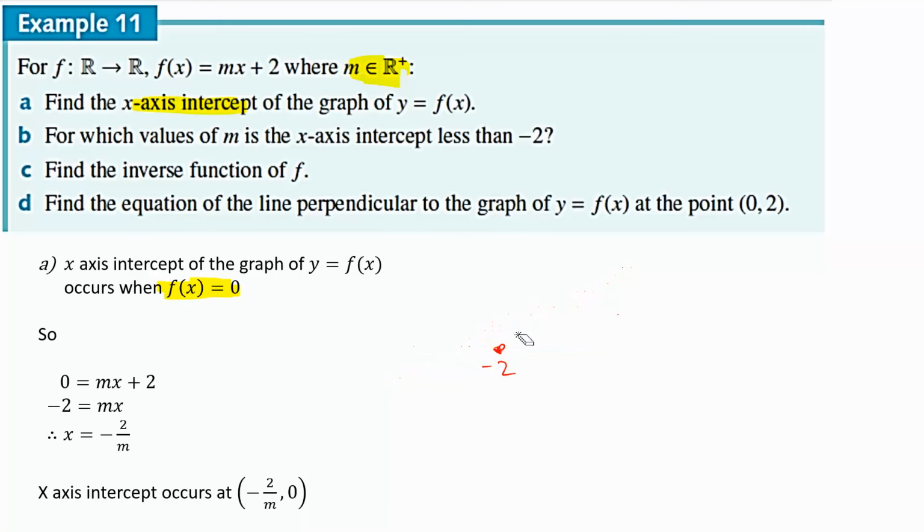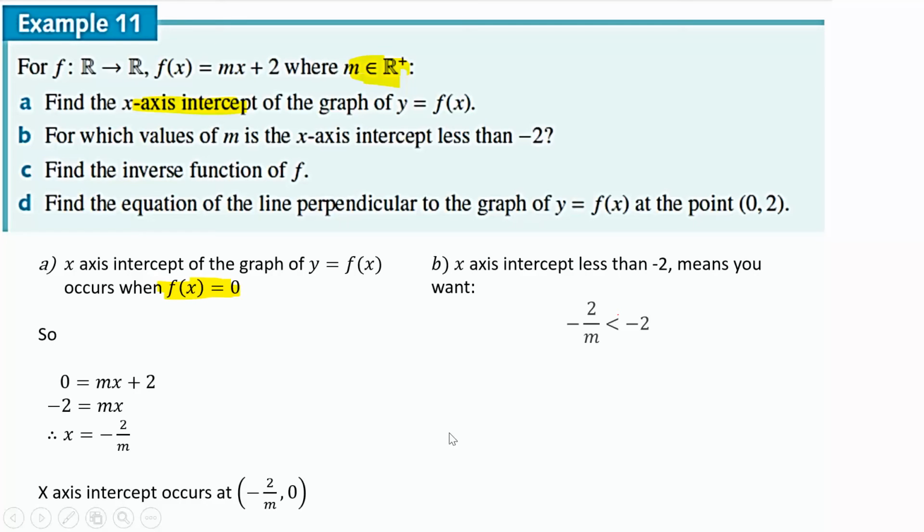Well, answer the question as it says. It says x-intercept, I want it less than -2. So I type it in. I actually say the same thing. I say, all right, for it to be less than -2, this is my x-intercept, and I want it less than -2. So I wrote that. If I solve for that, multiplying by m on both sides, you get -2 is less than -2m.